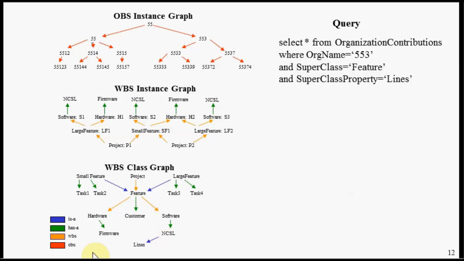What if tomorrow someone decided that, in terms of lines, we also want to call firmware a kind of lines? What do we need to do to this query to incorporate that logic? The answer is absolutely nothing. The only thing we need to do is put a connection between the notion of firmware and lines to indicate that firmware is a kind of lines.